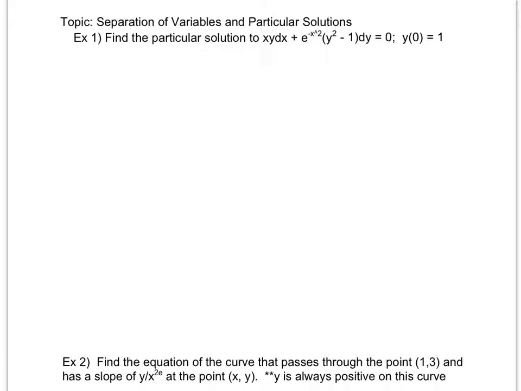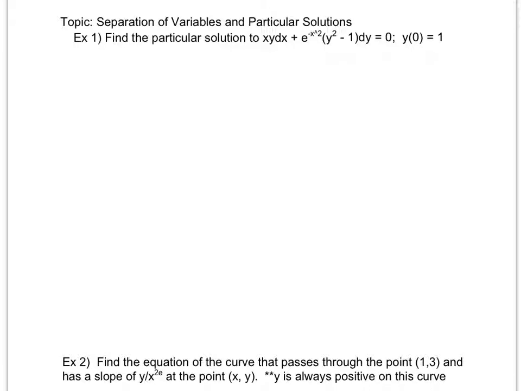So doing that on the first example, I'm going to try to get all of my x variables on one side and all of my y variables on the other side. First, I am going to subtract this xy dx from both sides.